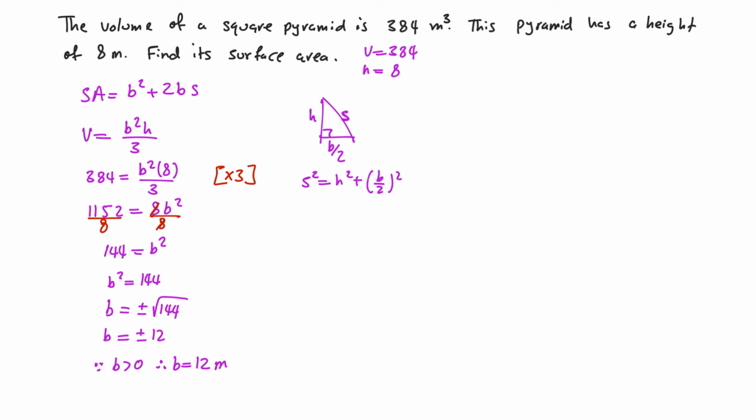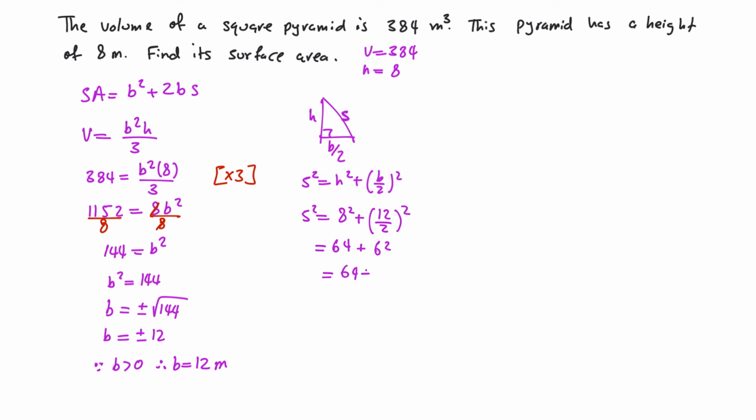I'm going to plug in all the values. So s value is what I'm trying to find. So s squared is equal to h squared, which is, well, my height is 8 squared, plus b, which is 12 divided by 2, squared. We're going to use BEDMAS, so we're going to have 64 plus, inside the bracket is 12 divided by 2, which is 6 squared.